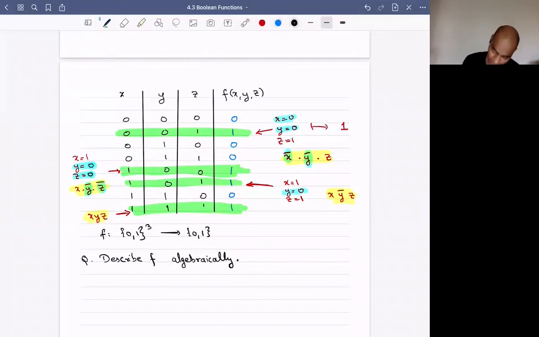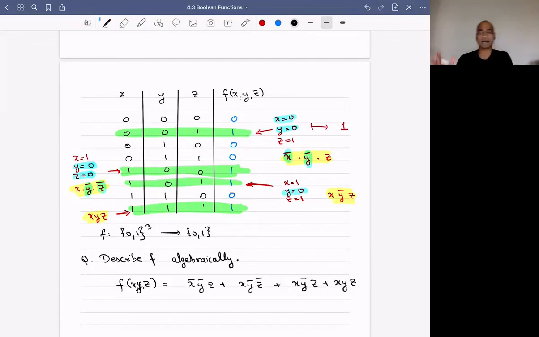Then all I have to do is add these 4 terms together. x bar y bar z plus x y bar z bar plus x y bar z plus x y z. The order in which I add these terms does not matter because a plus b is the same as b plus a. So all I have to do is just add them in some order, and that is my function.